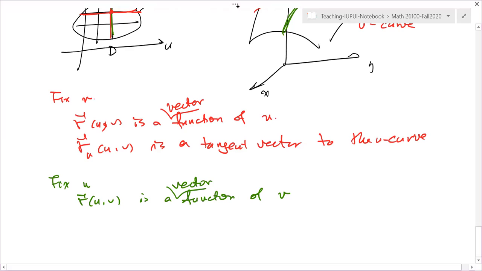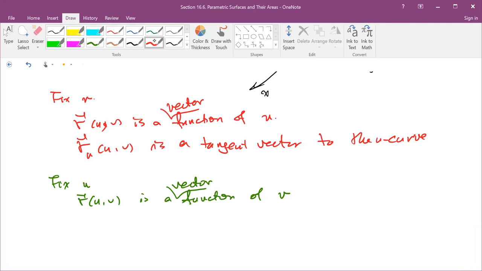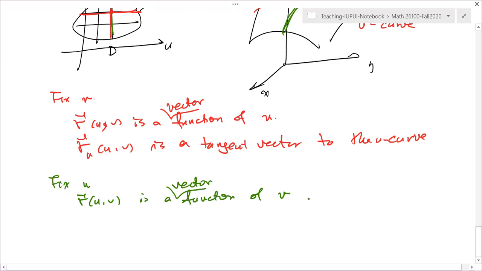It depends on v only, right? Okay. So then you look at the partial derivative with respect to v. So this will be a tangent vector to the v curve.